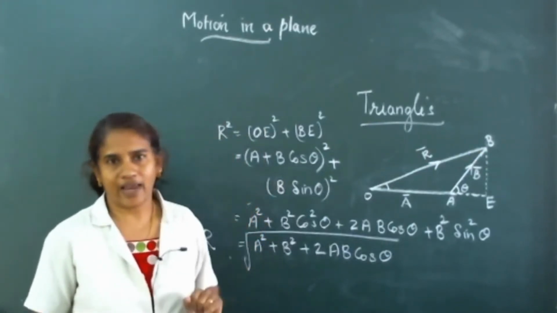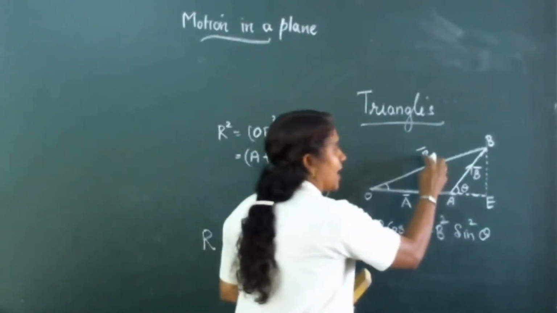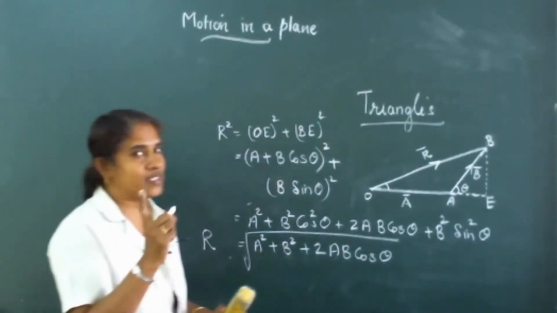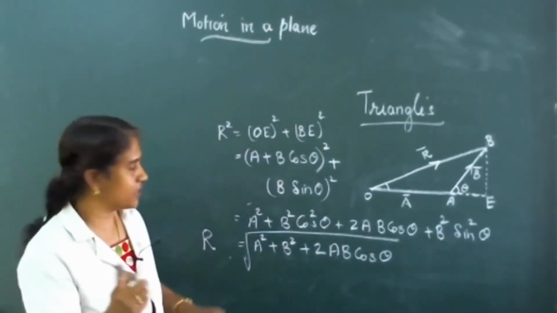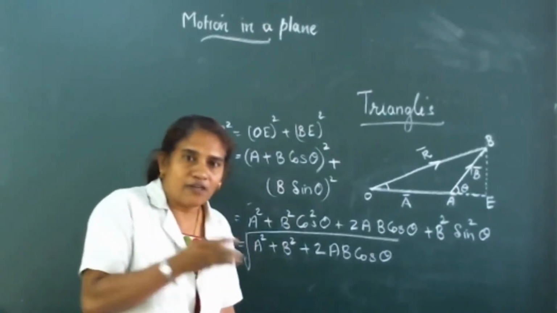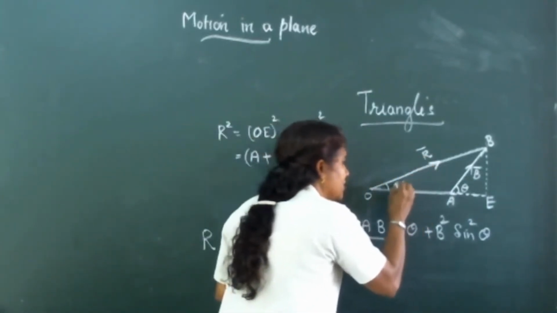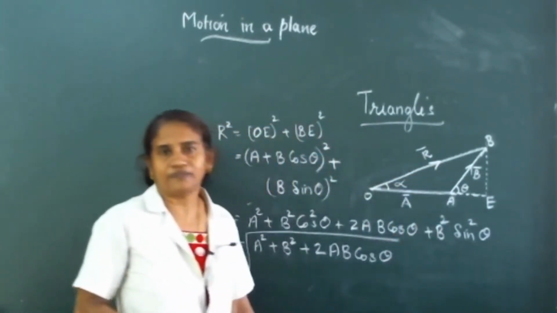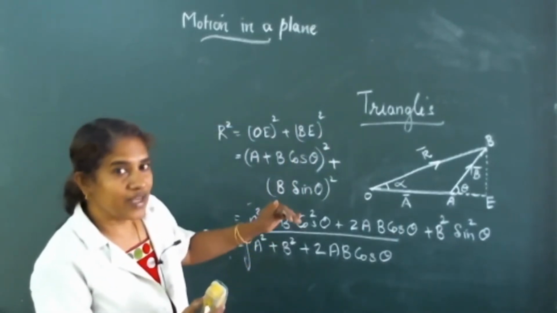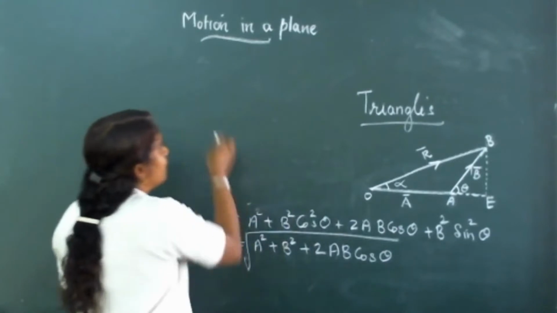The angle between A and B. Now we have to find the direction, because a vector has magnitude as well as direction. Magnitude we got here. Direction is usually expressed in terms of angle. Therefore, for the direction of R, let this angle be alpha.